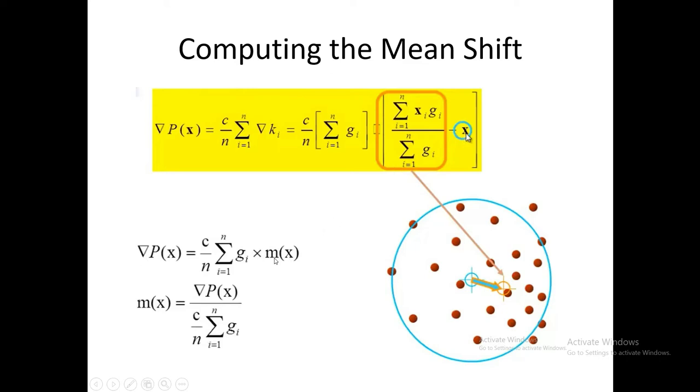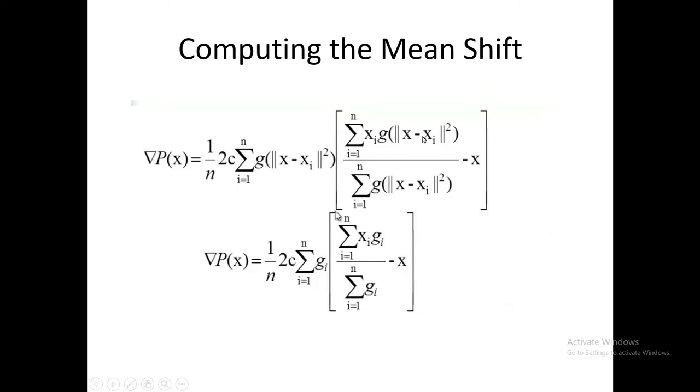This mx gives us the mean shift vector, this whole term gives us the mean shift vector, and here we obtain the mean shift, which is the gradient of the probability. This gi gives us the gradient.